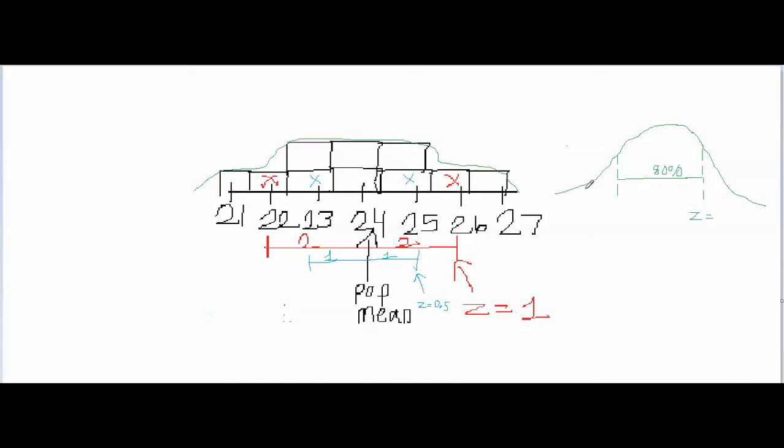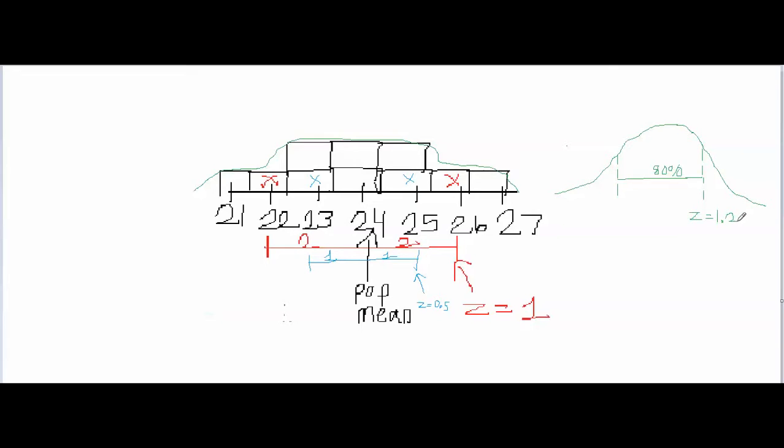If the possible samples, meaning all of the boxes that you're drawing from, follow a normal curve, the z-score at the upper boundary of the middle 80% will always be roughly 1.28.